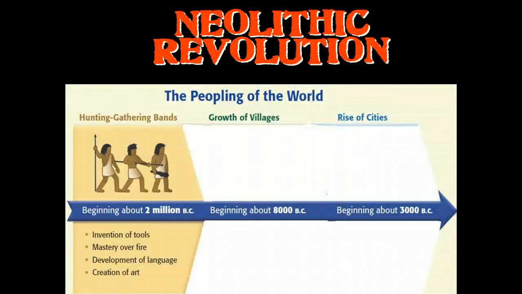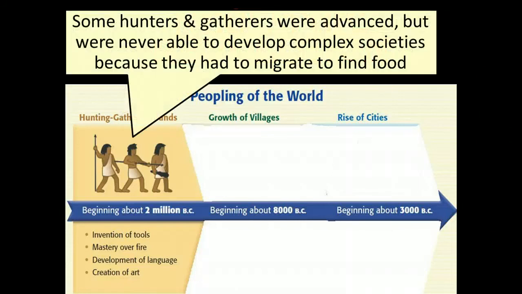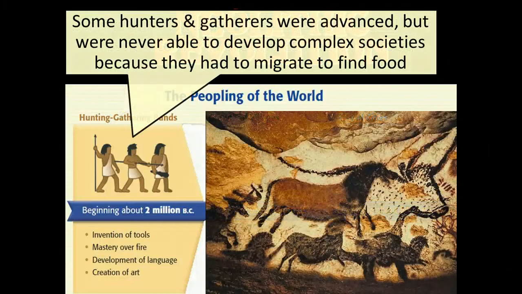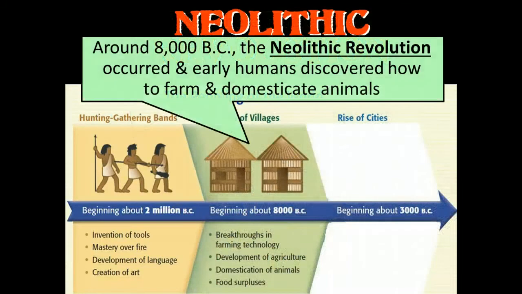The Neolithic Revolution. All right, again, this is just a recap. We began as hunters and gatherers, and slowly man began to make changes. And the real change is going to happen somewhere between 10 to 6,000 BCE.